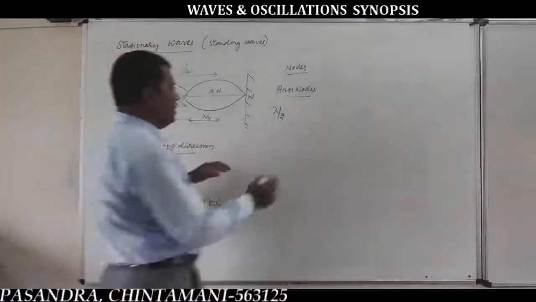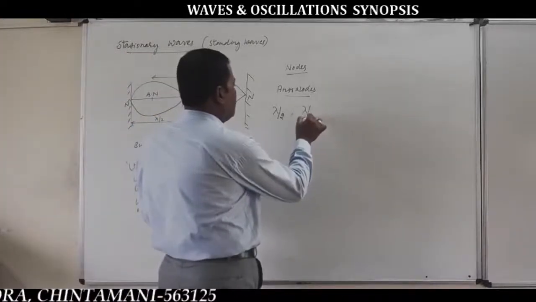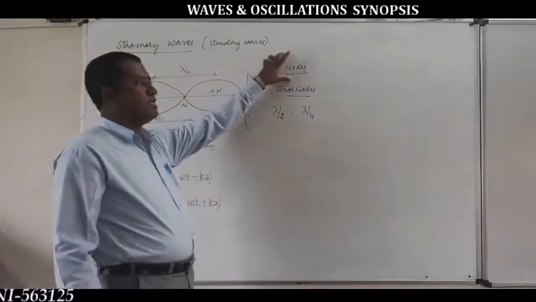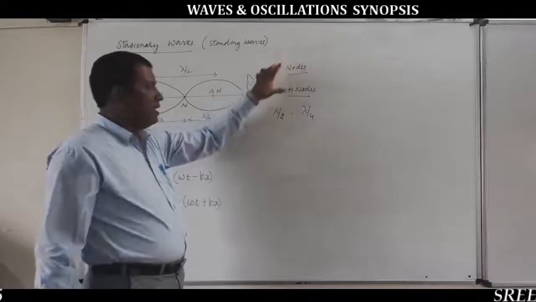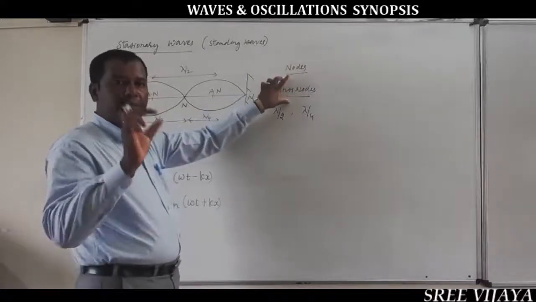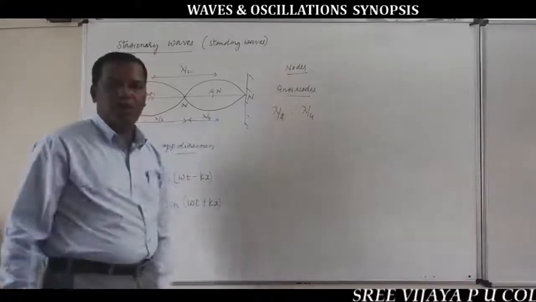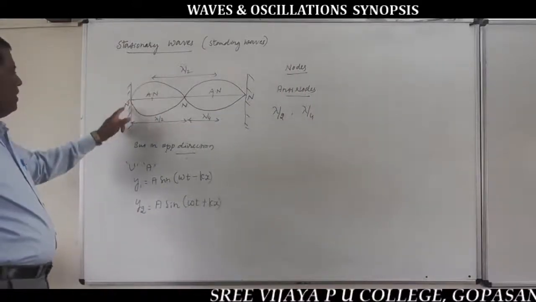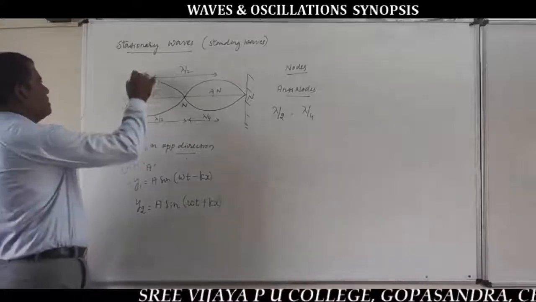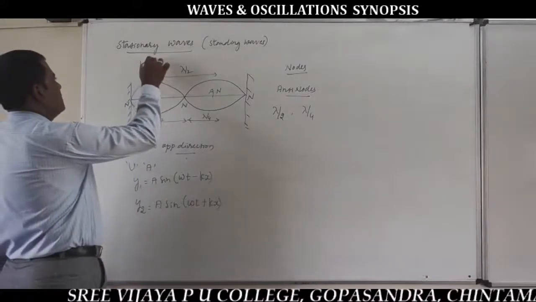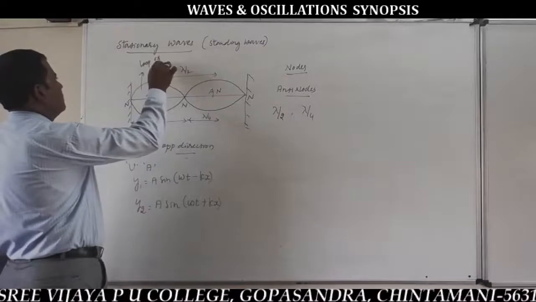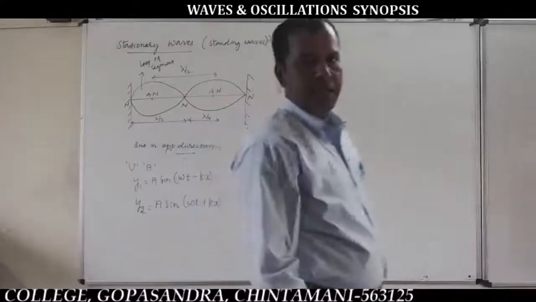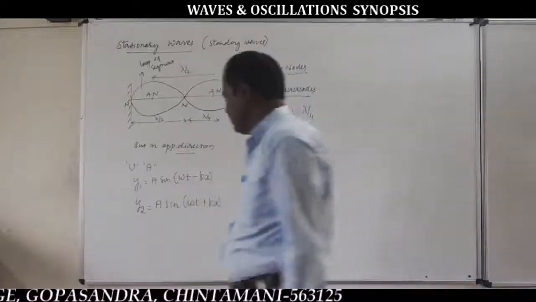And the distance between a node and an antinode is lambda by 4. At nodes, the particles of the medium are permanently at rest. At antinodes, the particles have maximum amplitude of vibration. The region between two nodes is called a loop or segment, and the particles within the loop vibrate in phase.